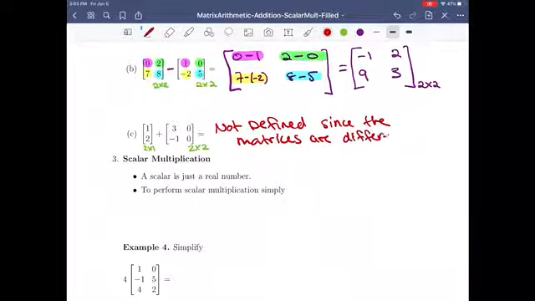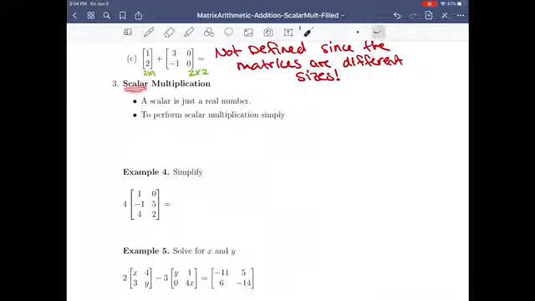Okay, the last operation we're going to talk about in this video is called scalar multiplication. Scalar is probably a word that you maybe haven't heard before. When we say scalar, we just mean it's a real number. So what I'm doing is I'm taking a matrix and multiplying it by a number.